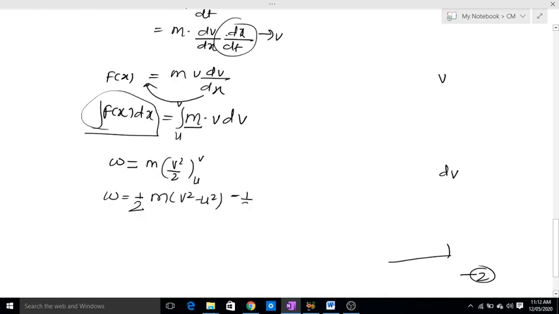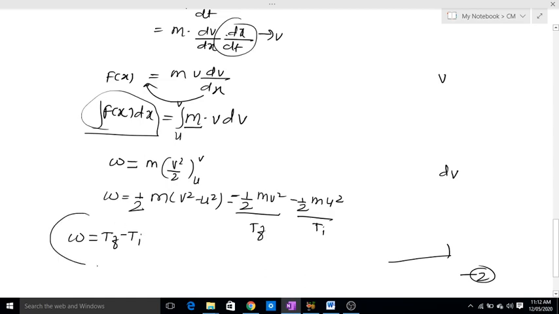This implies half m v square minus half m u square. This is final kinetic energy and this is initial kinetic energy. Therefore, work done is equal to final minus initial kinetic energy.